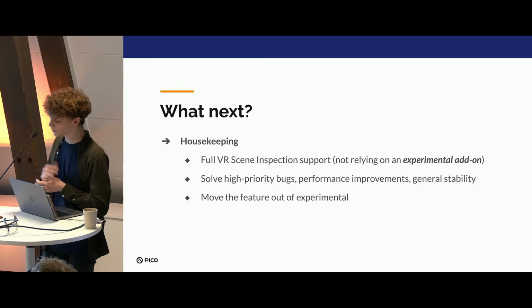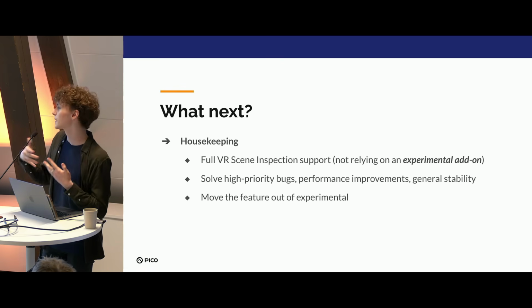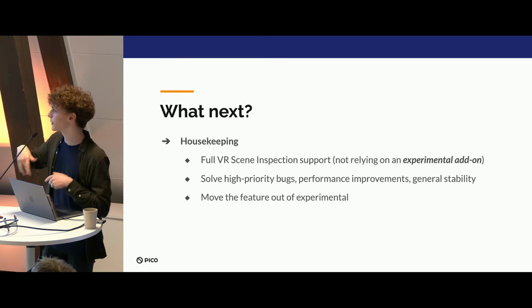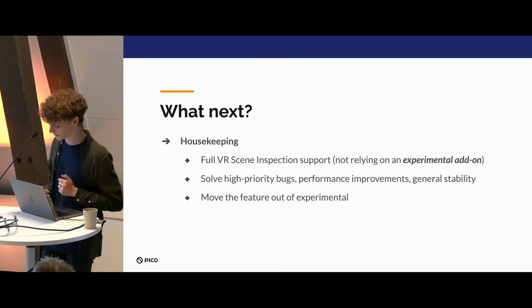Also moving it out of experimental, which includes not making it an add-on. Still make it an optional feature in Blender, of course, but move it out of this idea that you have to enable an add-on and tweak some stuff. Basically, make it more accessible and more embedded into Blender.